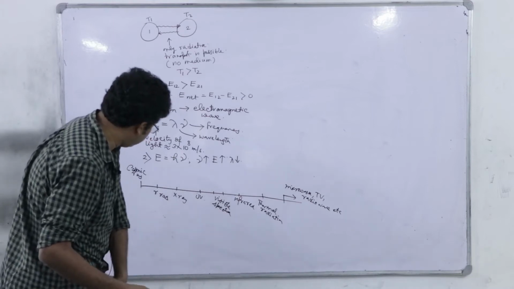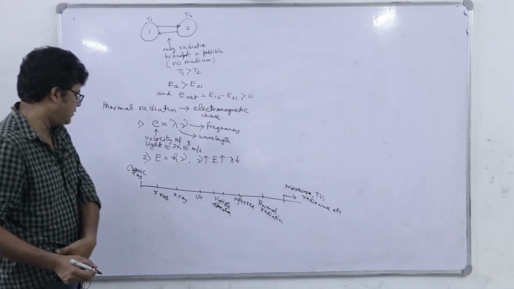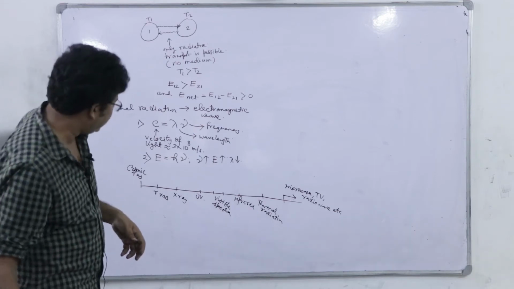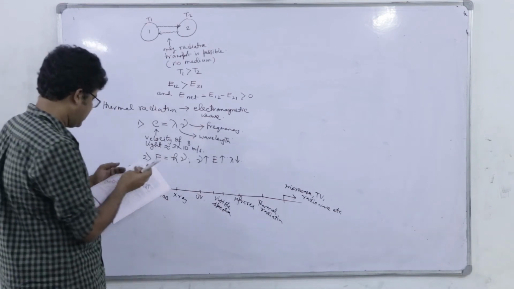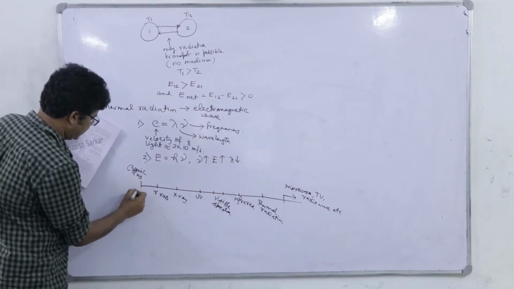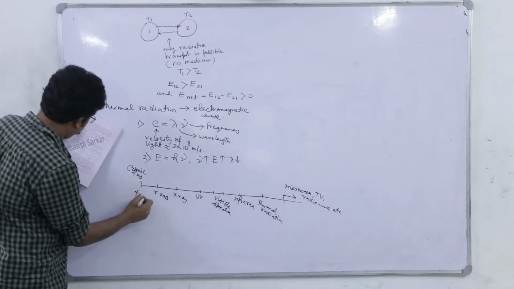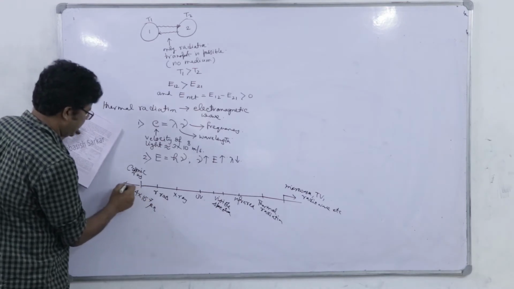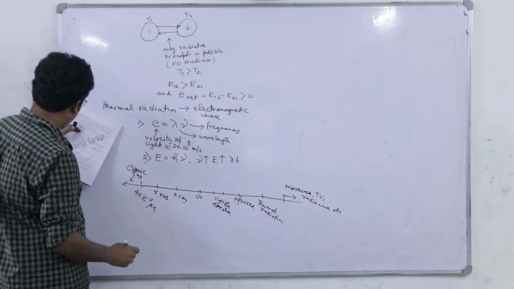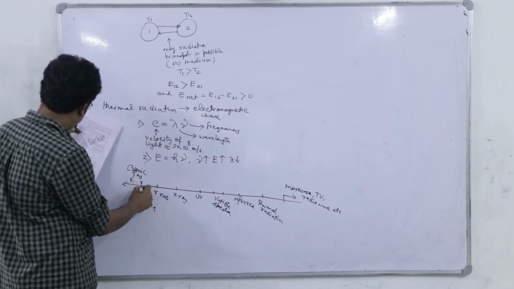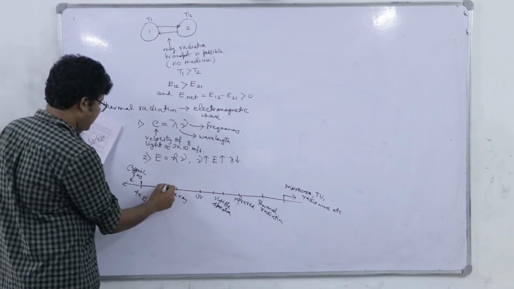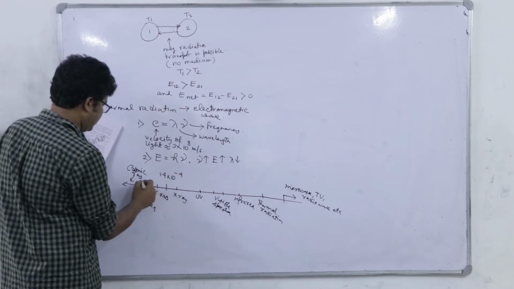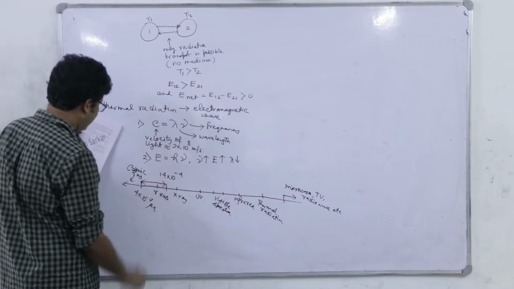And the range of wavelength, you see, is not a fixed wavelength, there is a range. Like cosmic ray, it has got a range. If this is 4 into 10 to the power minus 7 micron, up to that, on this side we have cosmic ray. Now gamma ray starts from here to 1.4 into 10 to the power minus 4. Over this we have gamma ray.